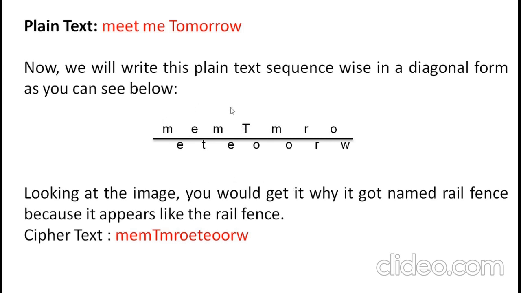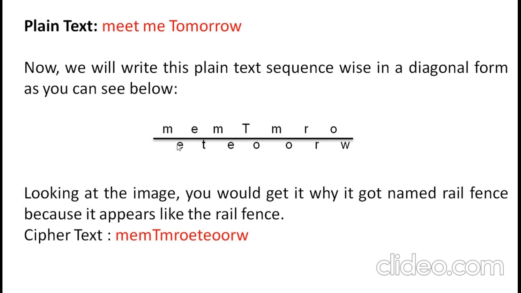Looking at this example, you can see why it is named rail fence: we have divided the plain text using a fence, writing it into two rows.